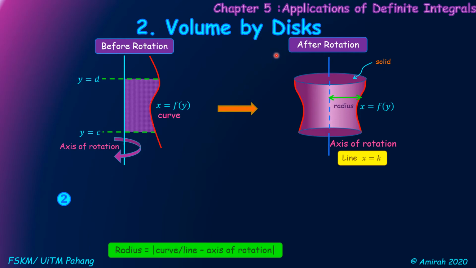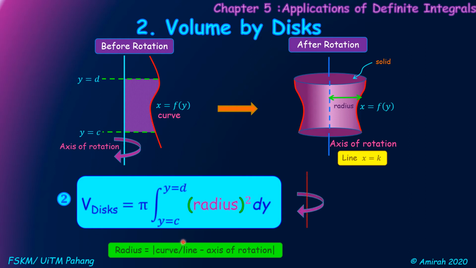Then we can set up the formula for volume by discs when the axis of rotation is a vertical line, or the y-axis, or parallel to the y-axis. The volume equals pi times the integral from y equals c to y equals d of radius squared dy. If the axis of rotation is a vertical line, we need to integrate with respect to y, so we use lower and upper limits on the y-axis.